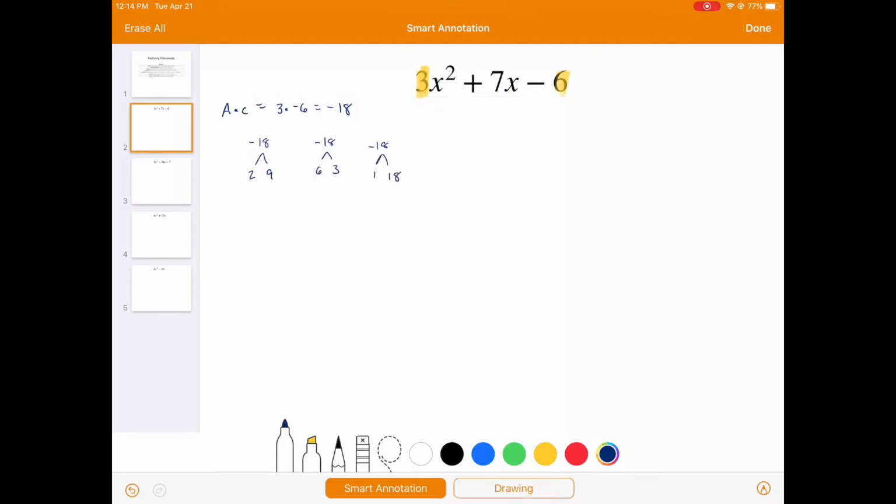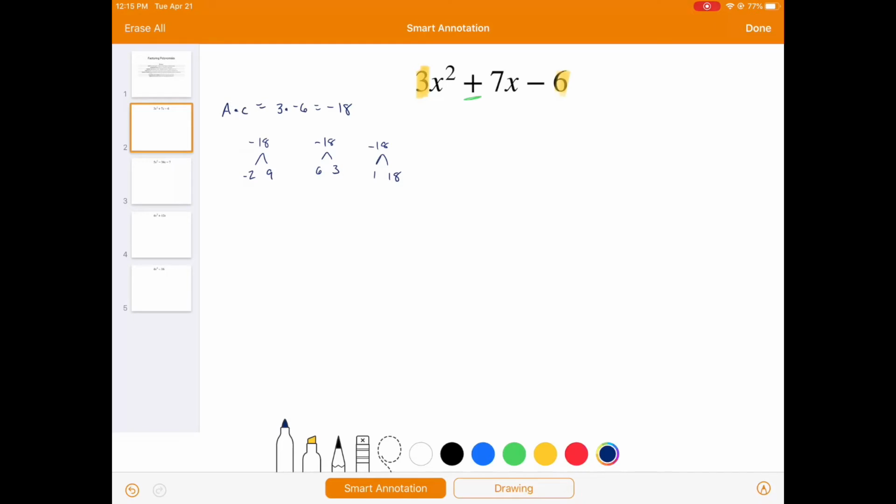So, which of these combinations can get me to 7? The only one that can get me to 7 is the 2 and the 9. And in order to do that, you have to subtract them. So because it's positive 7, our factors are going to be 9 and negative 2.